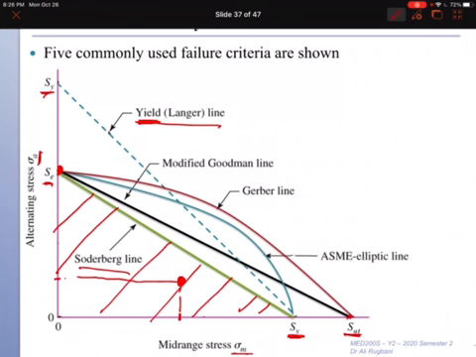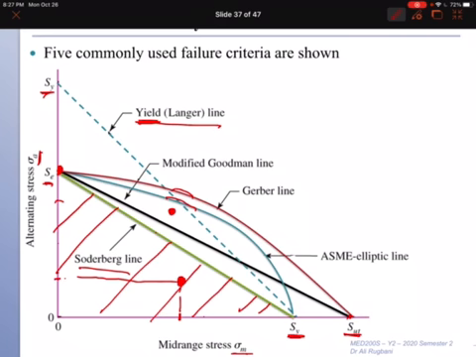If the point is, let's say, here, this point is safe according to the elliptic and to Gerber, but according to Soderberg and to Modified Goodman, this is not safe and failure is expected.